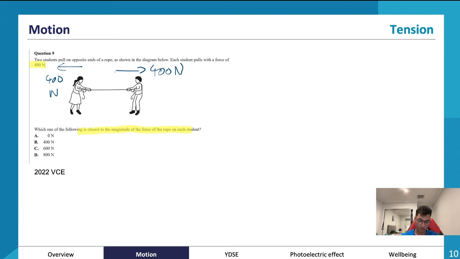The question is asking, what is the magnitude of force on the student by the rope? We know there's 400 newtons on the rope by the student. So applying Newton's third law, each one of these students is going to experience 400 newtons of force in the other direction. Hopefully that makes sense.